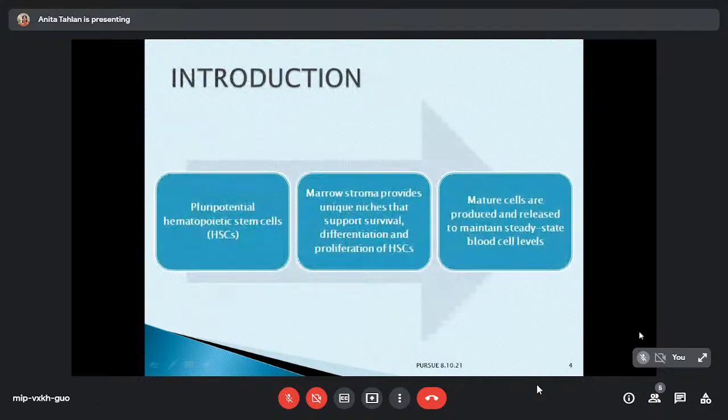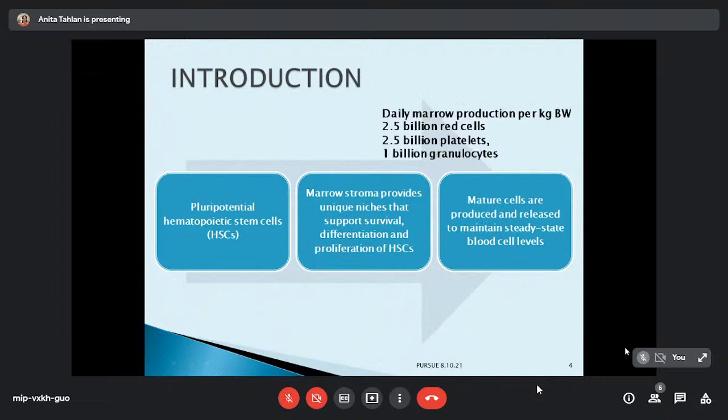So marrow is one of the largest organs and constitutes around 4 to 5% of our whole body weight. Its main function is that it produces the hematopoietic cells, which are supported by the stromal cells, and then these cells mature and are released into the peripheral blood, where they perform various functions.